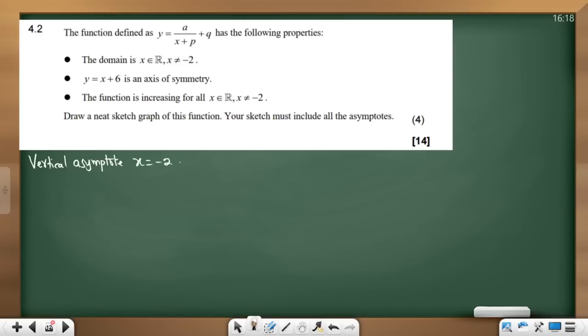X equals -2. Y equals x plus 6 is the axis of symmetry. Please take note. The axis of symmetry passes through the point of intersection of the asymptotes.